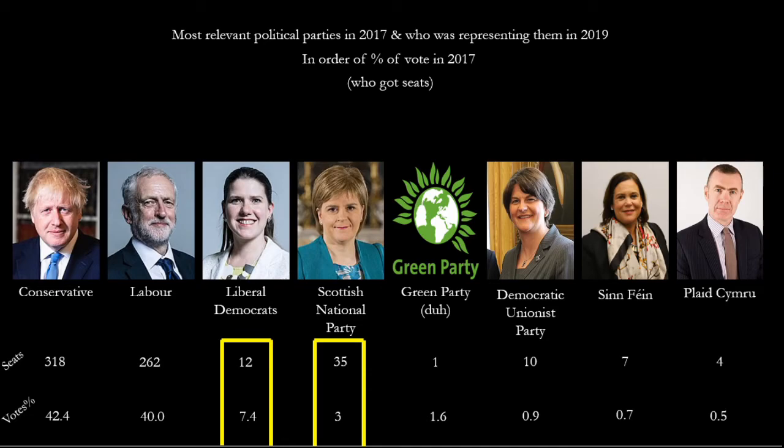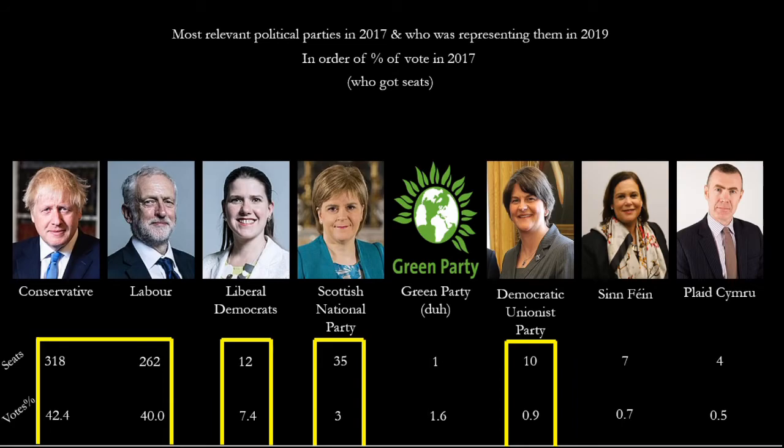Hell, you can look at the entire thing and see that it should be highlighted. Like, I should just make it all yellow. Look at these things I'm highlighting. The Labour Party got 40% of the vote, but 262 of the seats, and the Conservatives got 42.4% of the vote, but only 318 of the seats. There's 2.4% difference in votes, but like over 50 seats. Come on, it just doesn't make any sense.